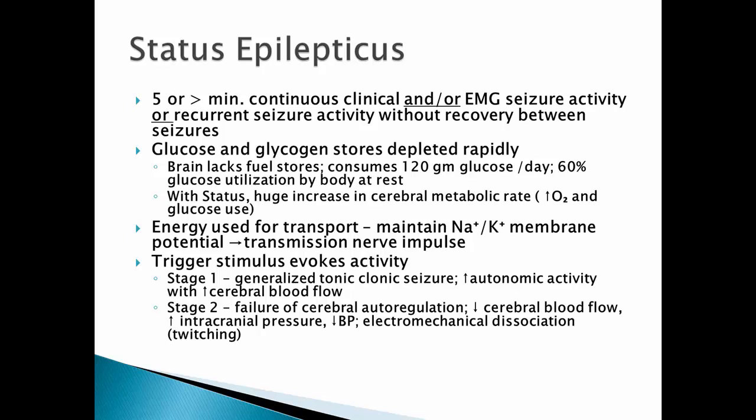What that does is it suppresses the tonic-clonic movement, but it doesn't suppress what's going on in the brain. That's why that characteristic of what's going on in the electrical activity of the brain is critical to identifying what's going on with the use of oxygen and glucose within the brain.